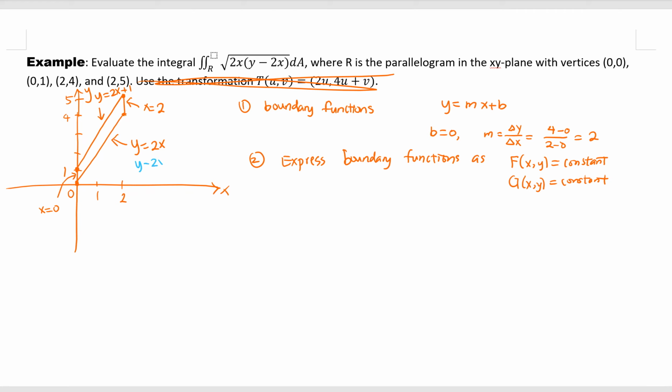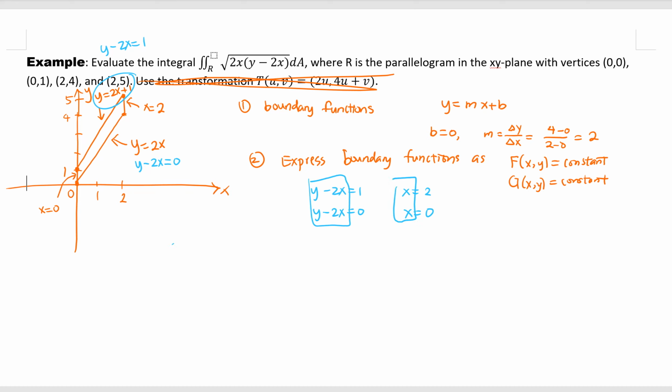We get y minus 2x equals 0. This guy is already good, right? The left-hand side is x, the right-hand side is a constant. And then this guy we can change to y minus 2x equals 1. So now the 4 boundary functions give us y minus 2x equals 1, y minus 2x equals 0, and x equals 2, x equals 0. Okay? So you can see this guy and this guy are the same.